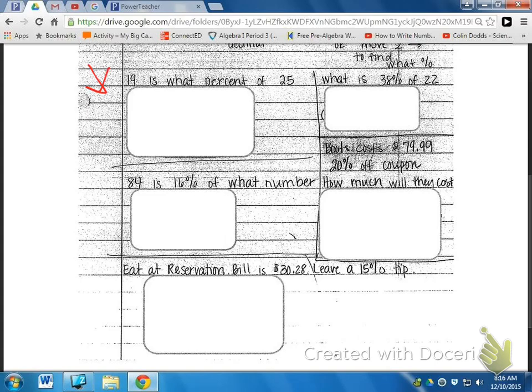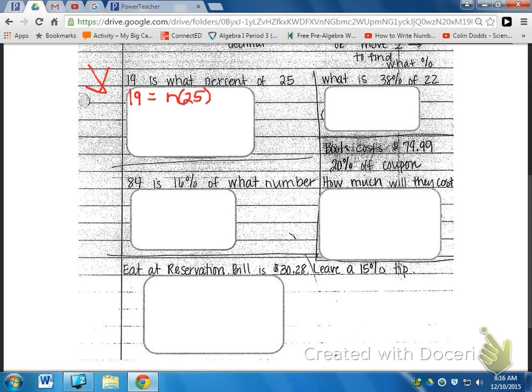All right, Trayton, it says 19 is what percent of 25? So what do I start with? 19 is equals. What percent would be n. Of would be times 25.